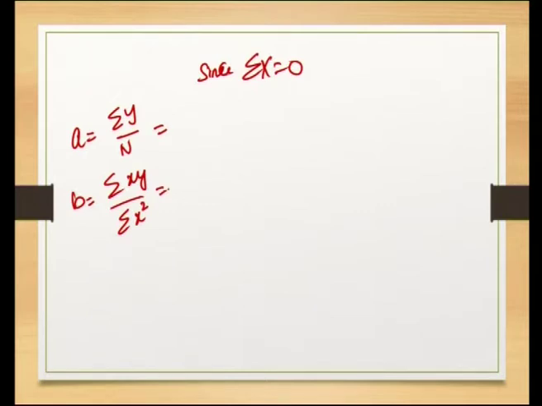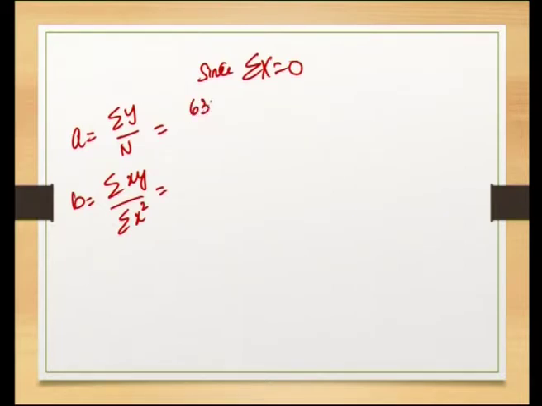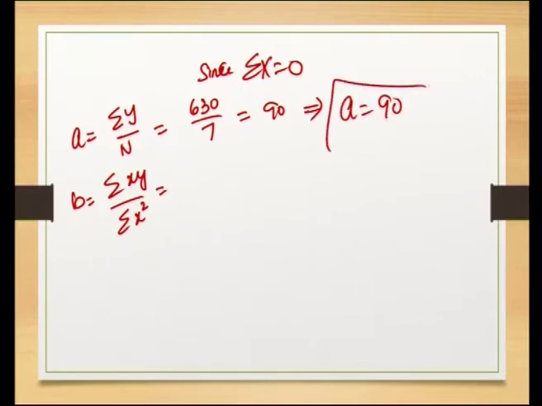What is summation y? 630, and 7 is the number of years, so 630 divided by 7 is equal to 90, which implies a is equal to 90. Next, summation xy by summation x square, 56 by 28, is nothing but 2.